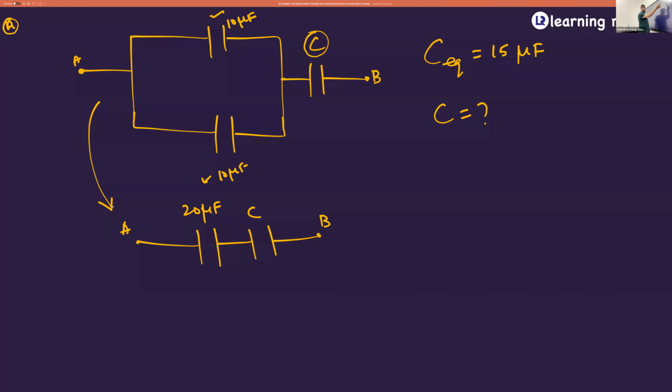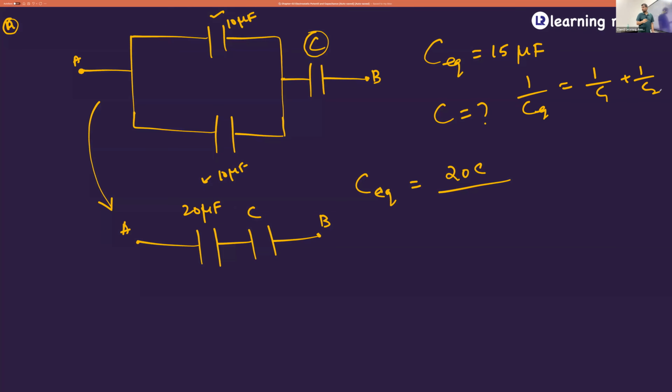Now, what is the equivalent capacitance of this network? It is 15. Whenever you have two capacitors in series, you need not apply 1 by C equals 1 by C1 plus 1 by C2. What you can do is write C equivalent equals the product of the two, that is 20 into C, divided by the sum of the two. Basically, 1 by C equivalent is equal to 1 by C1 plus 1 by C2.